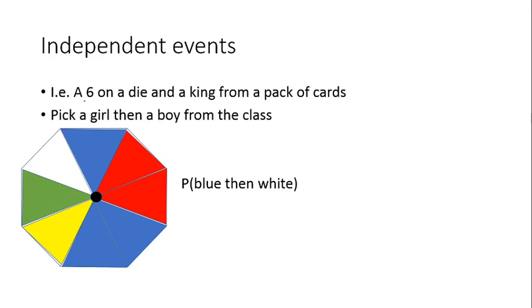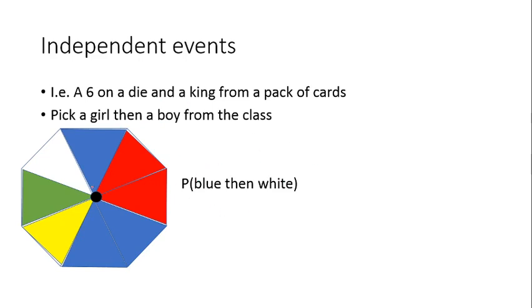If I pick a girl first, there's one less person in the class, so the probability of picking a boy second is different than if I hadn't picked a girl first, because it depends on who I pick first. So these two are dependent on each other. This one is not dependent, so it's independent.